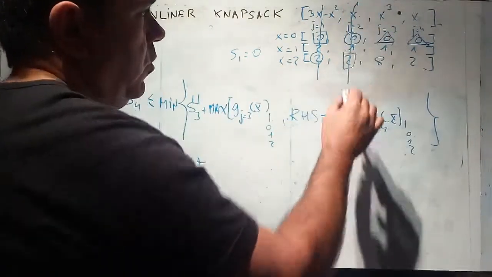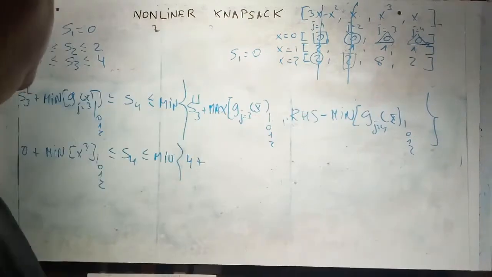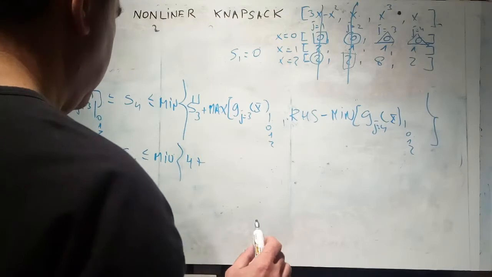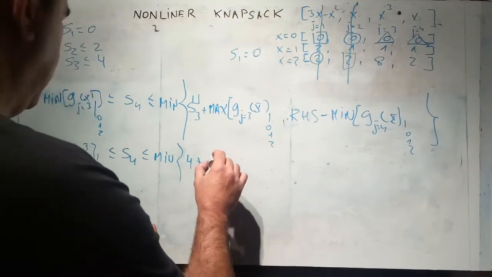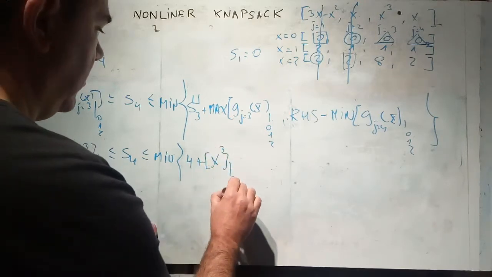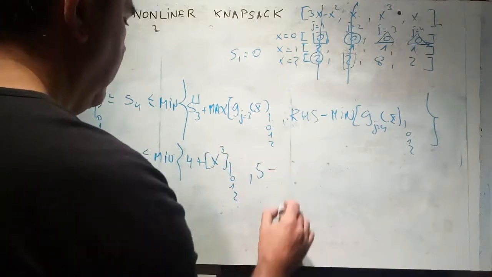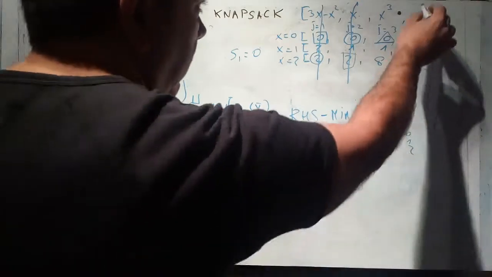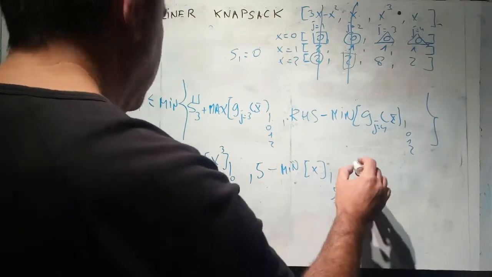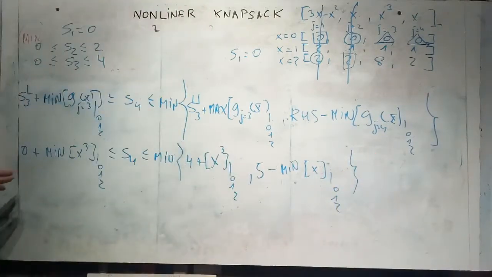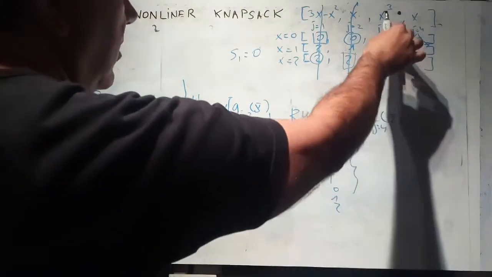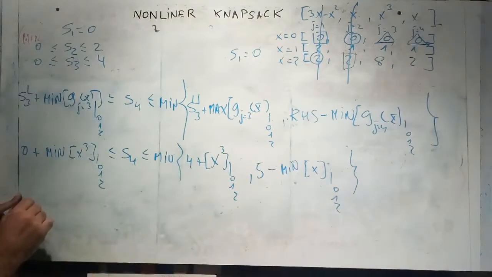Okay, now we are looking at this column, right? The maximum value, 4 plus x cubed evaluated at 0, 1, 2, comma, 5 minus the minimum of the last stage, x evaluated at 0, 1, 2. Okay, the minimum of the third stage between the 3 points is 0.